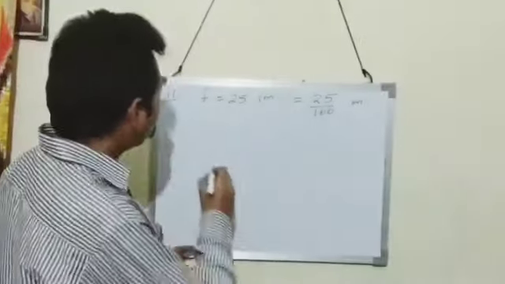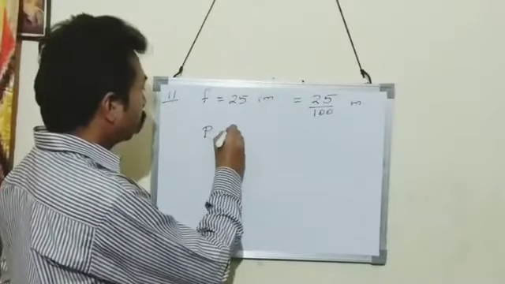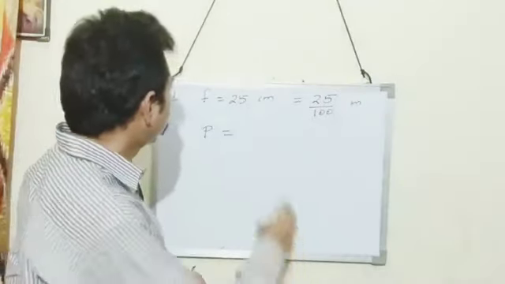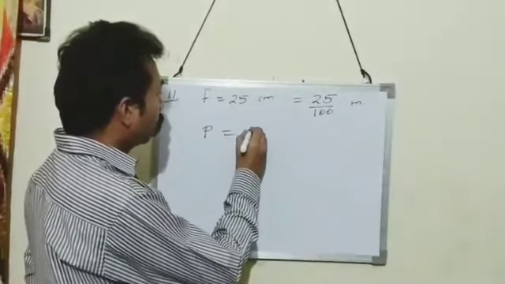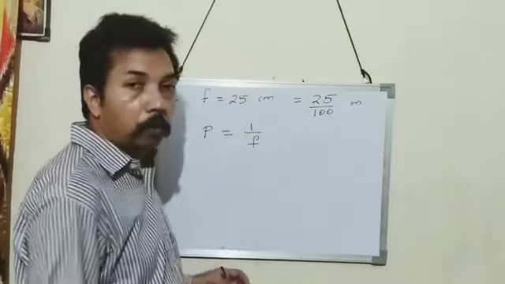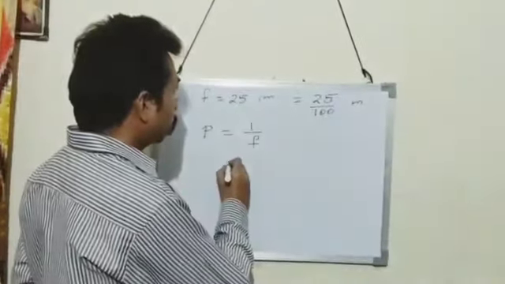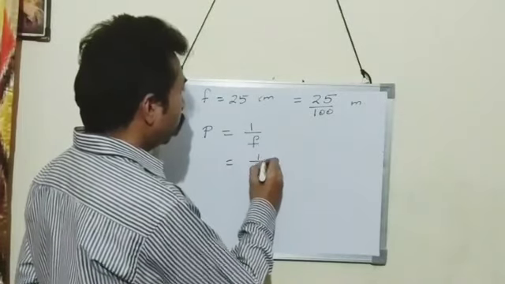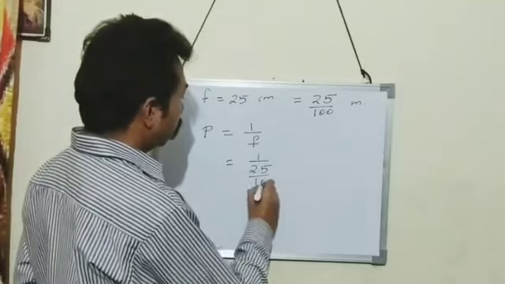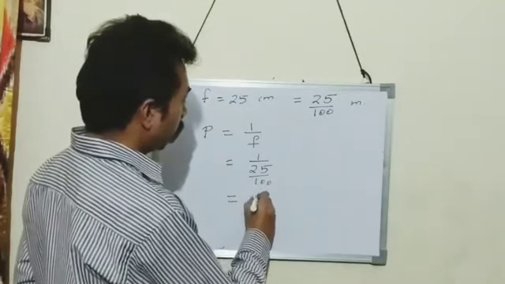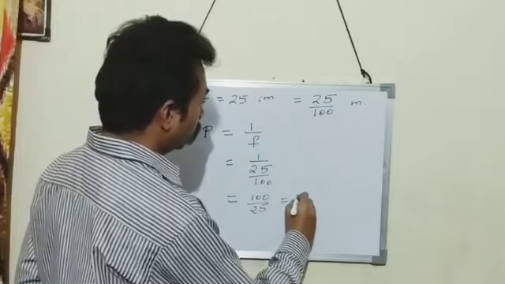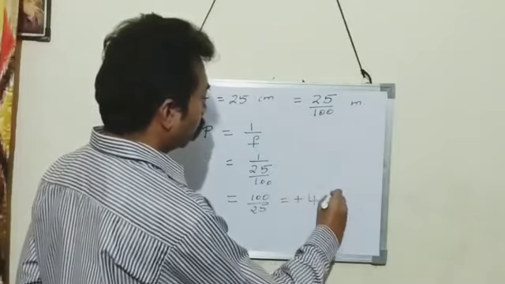We have to find the power of the lens. Then we write the formula to find power. Power is equal to 1 upon focal length. Then we substitute 1 by 25 by 100, that is equal to 100 upon 25, which is equal to plus 4 diopter.